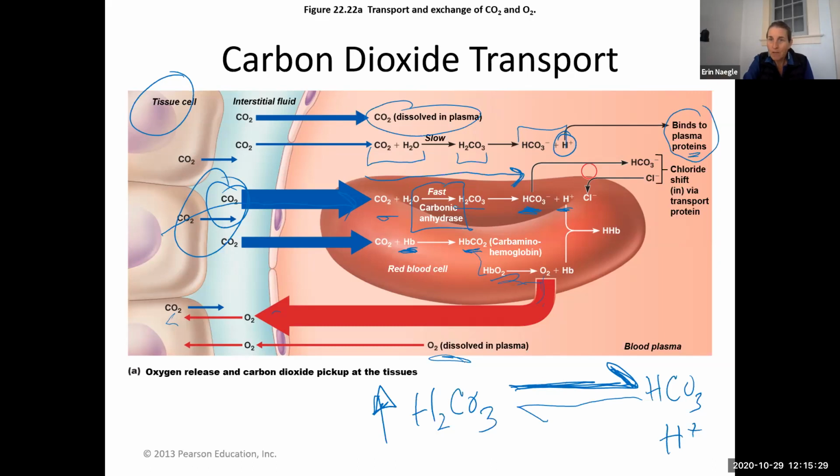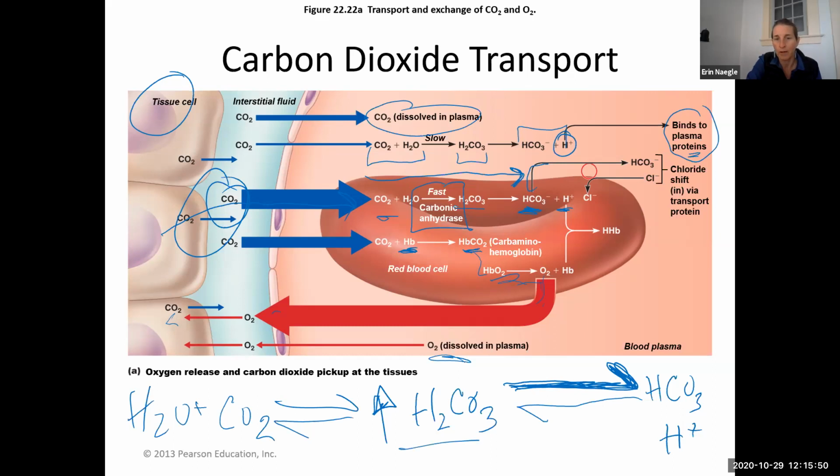So here's what happens in your cells. That bicarbonate leaves the red blood cell, and that helps to continue to push this reaction toward making more carbonic acid, so I can carry away more carbon dioxide.